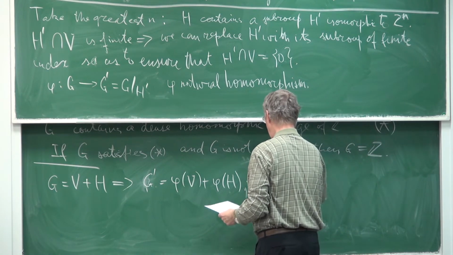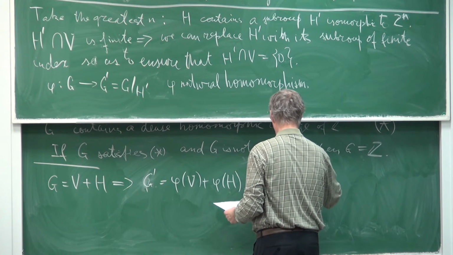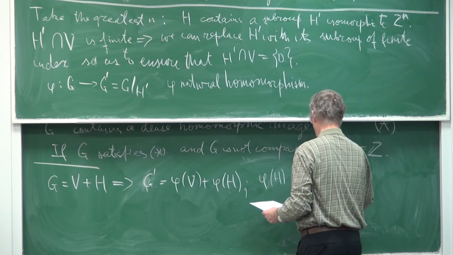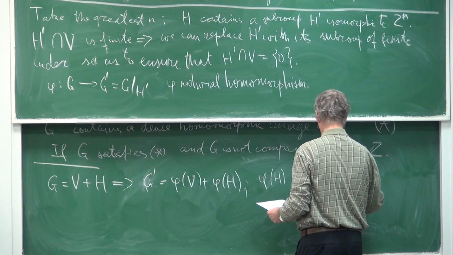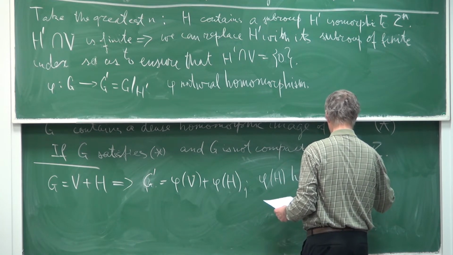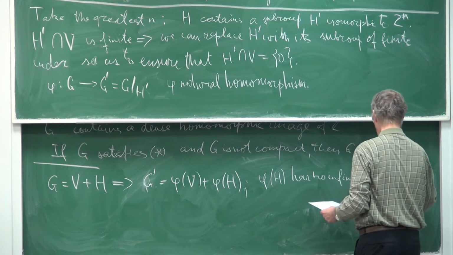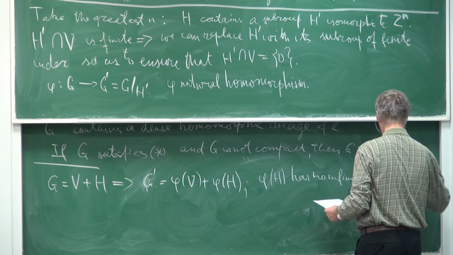So phi of H has no infinite cyclic subgroups.